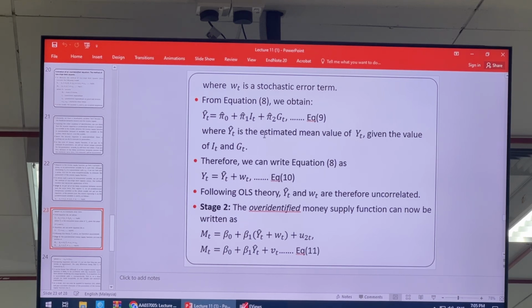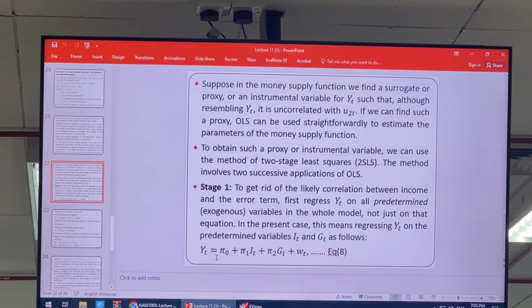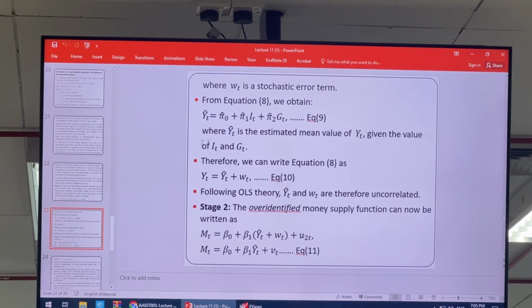So from equation 8, we obtain the estimate. So we get y hat after we regress y against all the exogenous variables. And then y hat is the estimated mean value of y given the values of I and g. Therefore, we can write equation 8 as y equal to the fitted value plus the error term.